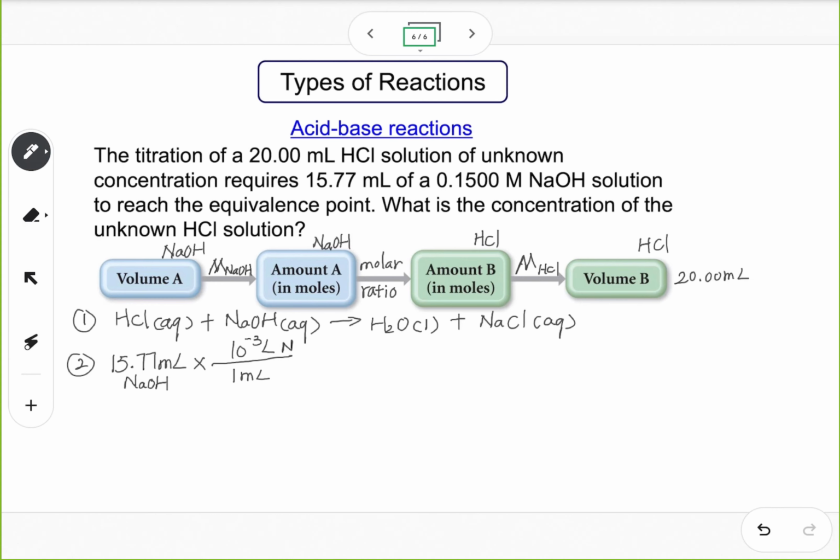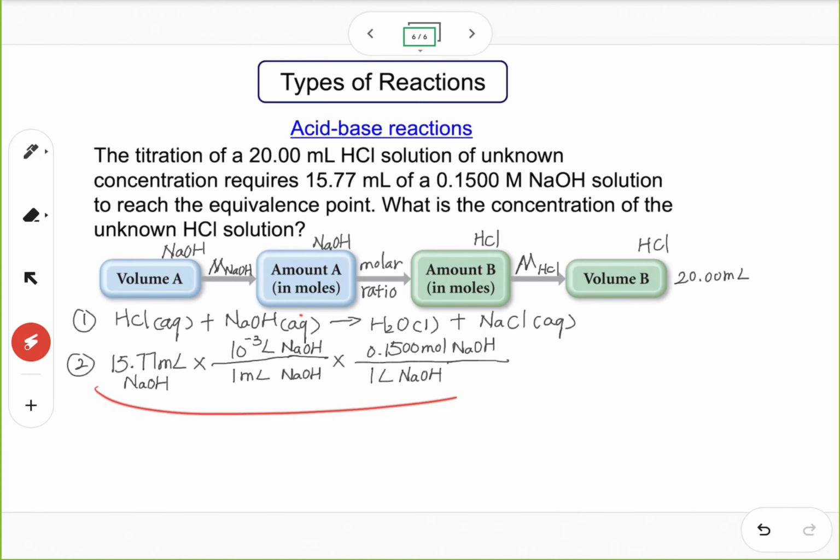Now the concentration of sodium hydroxide, 1 liter of sodium hydroxide, it's given right here, 0.1500 mole of sodium hydroxide. So once you get here, you have the mole number of sodium hydroxide.